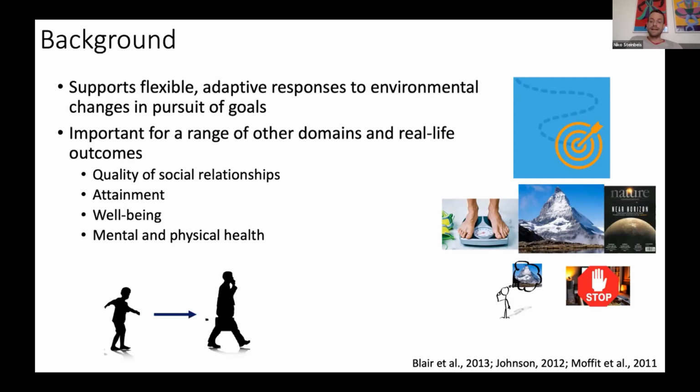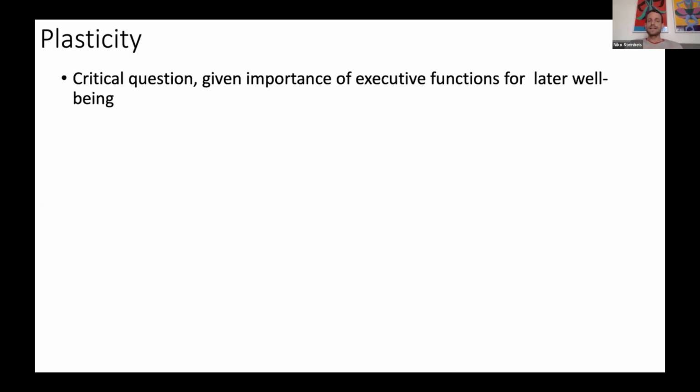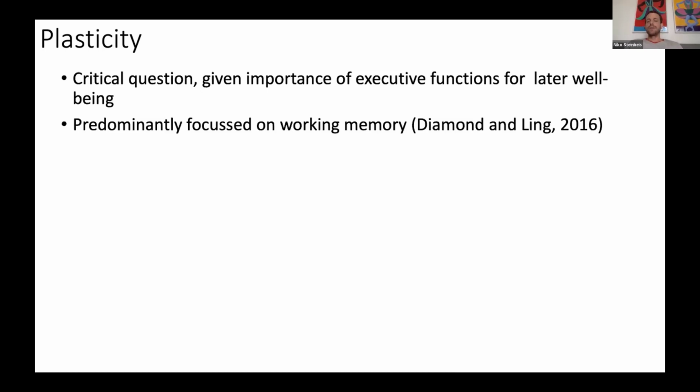Now, given that cognitive control plays such a core role in our everyday lives, there's been a lot of discussion and attempts to try and support cognitive control and improve it through dedicated trainings. So I'll talk a little bit about plasticity and the literature so far on plasticity of cognitive control. It's a really important question, given how important the executive functions and cognitive control are for later life well-being.